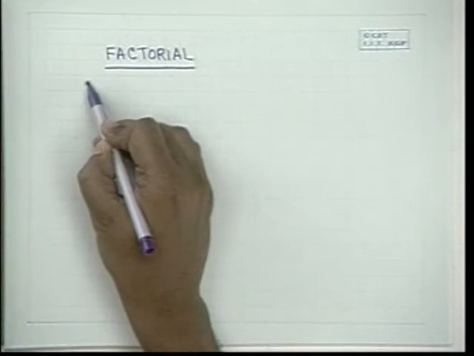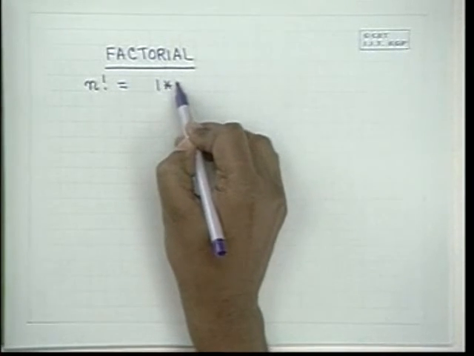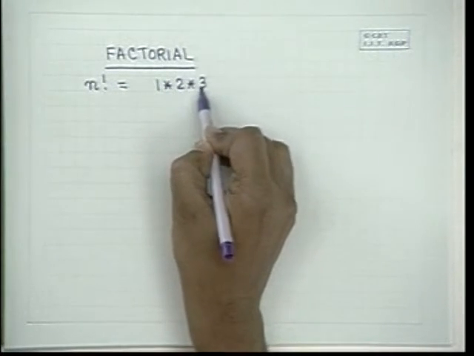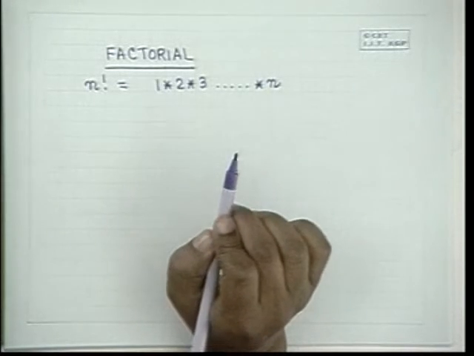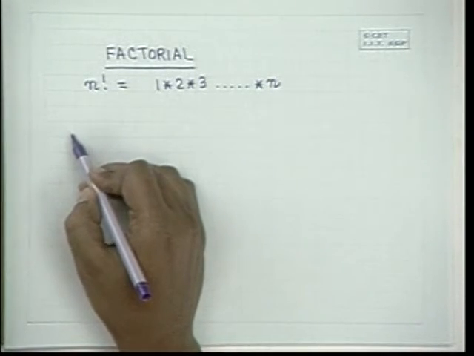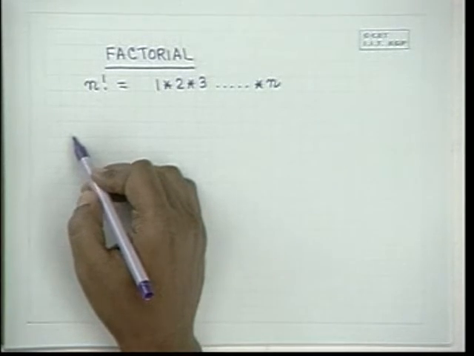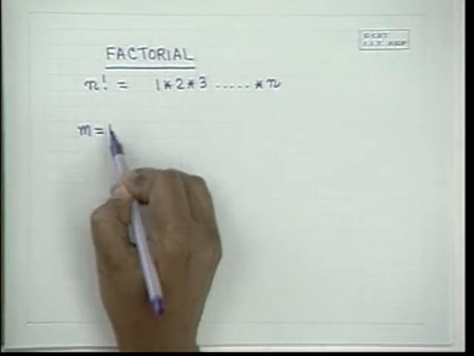All of us know that n factorial is equal to 1 into 2 into 3 into n. An easy way in which we can write out the factorial program, a program which those who have written in Fortran would have written always, was something like this. M is equal to 1.